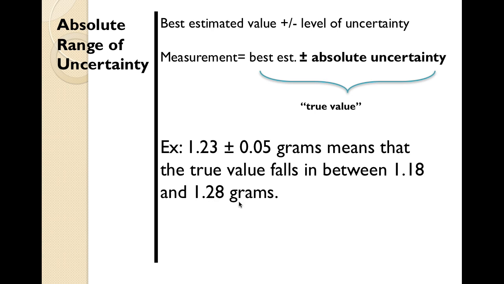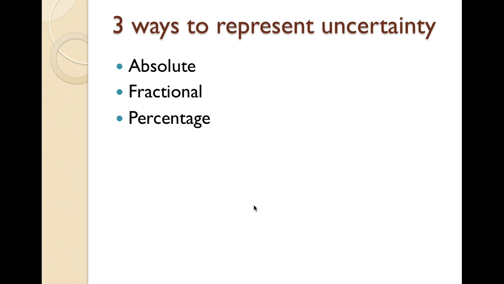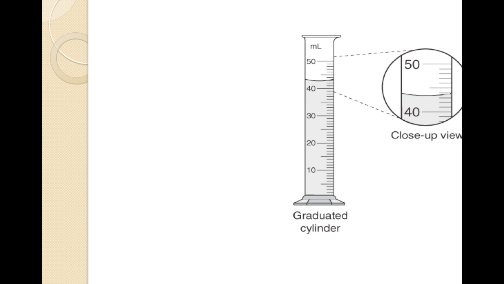So somewhere in this range between 1.18 and 1.28 grams is the true value of my object. Now there are 3 ways to represent uncertainty. Absolute uncertainty, fractional, which I believe you might call relative in your chemistry class, and then percentage uncertainty, which is the same. It's just a different way to represent uncertainty.